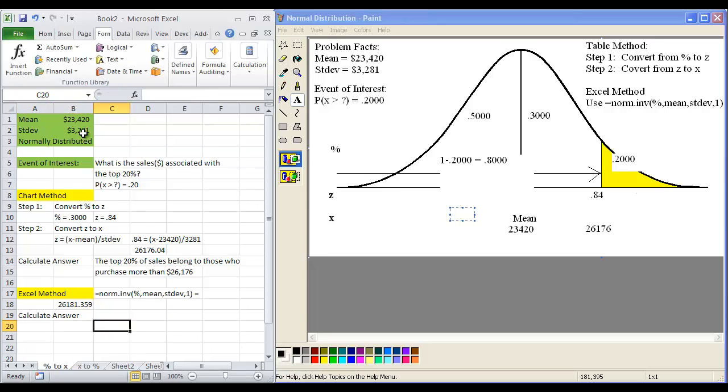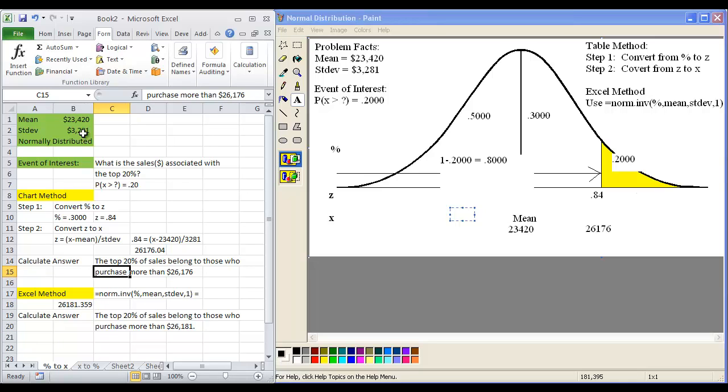So when I do this, the top 20% of sales belong to those who purchase more than $26,181.